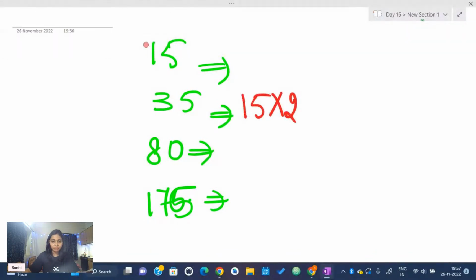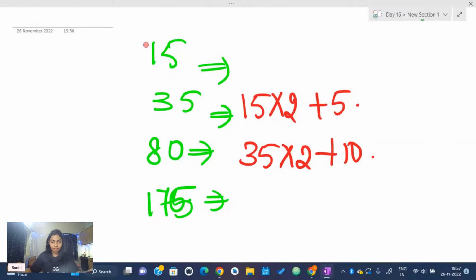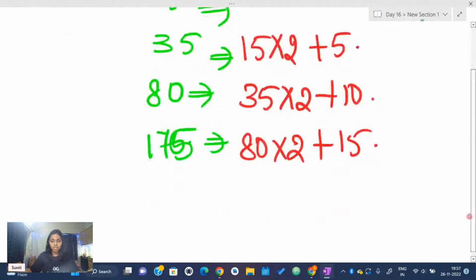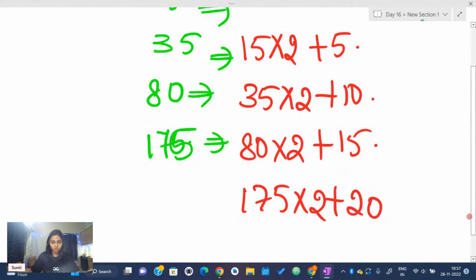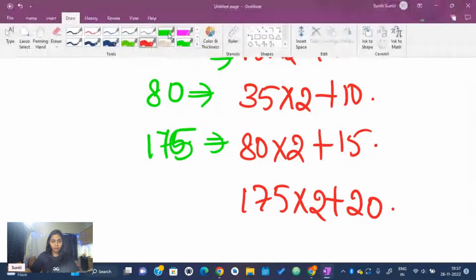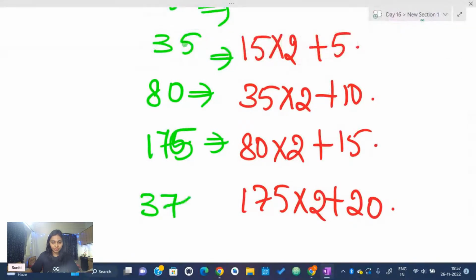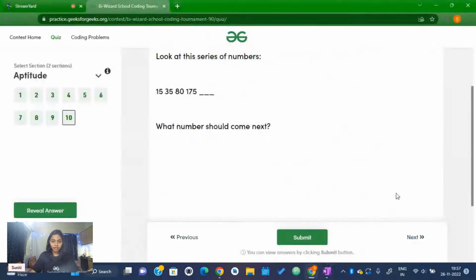How do we get 35? 15 into 2 plus 5. 80 we are getting as 35 into 2 plus 10. 175 we are getting as 80 into 2 plus 15. So the next number will be 175 into 2 plus 20, which will come out to be 370. That is the answer to this question, 370.